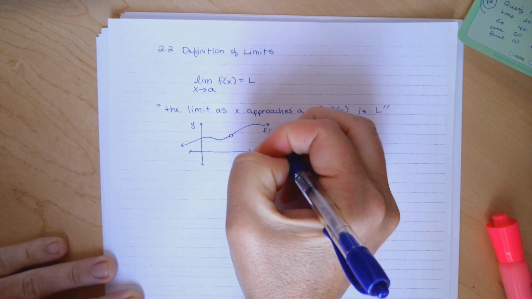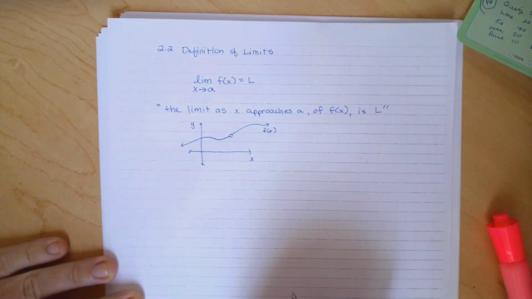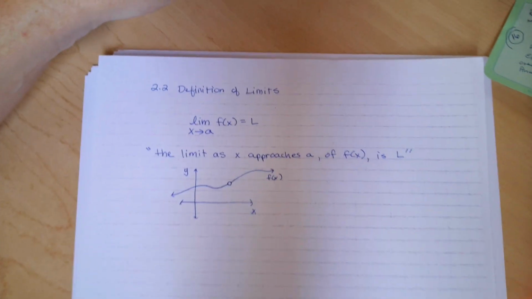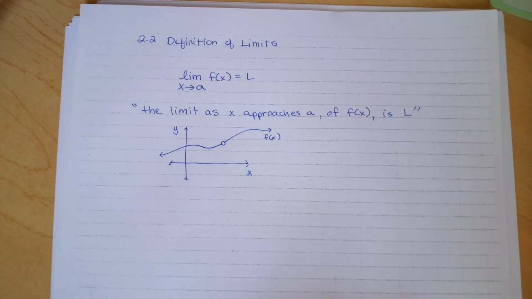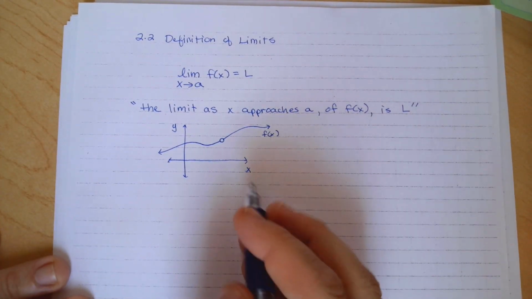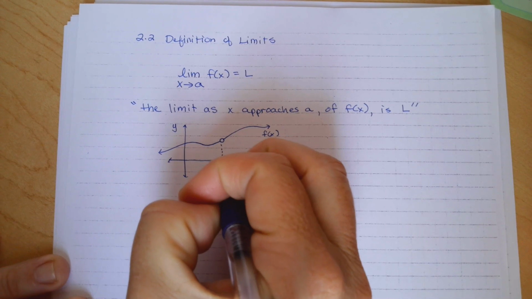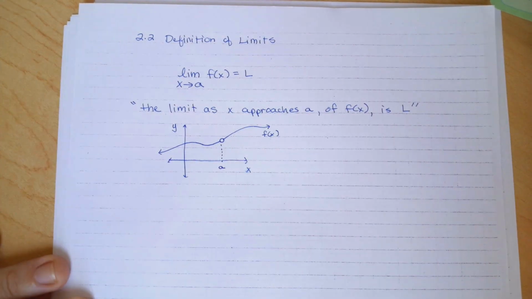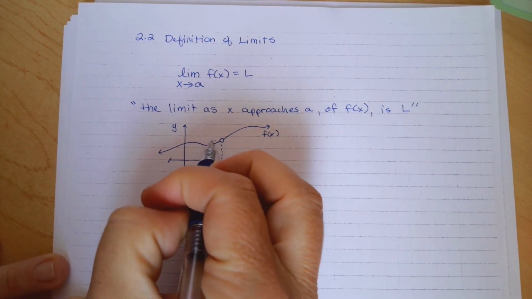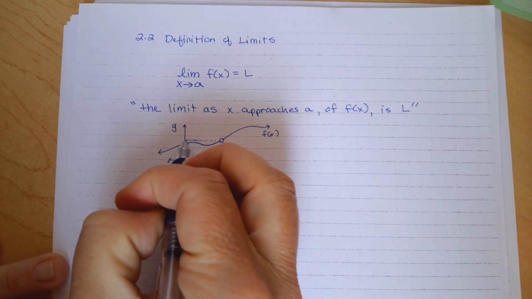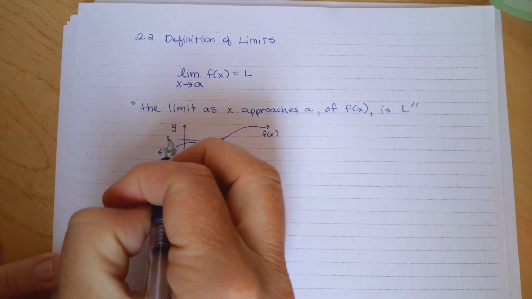This would be my function f of x. Zoom in a little bit, okay? And this would be my x value a. And the output here, that would be my L.